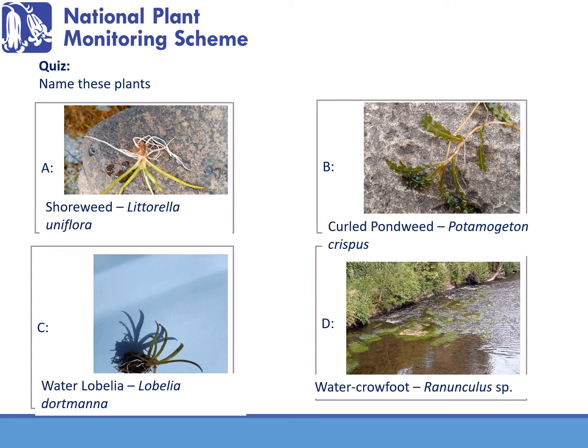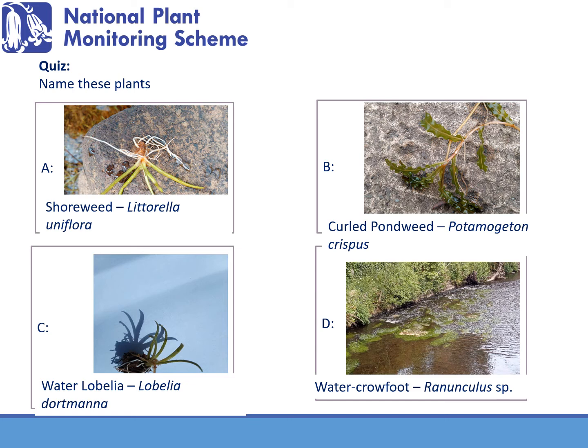And the answers are A is shoreweed, Littorella uniflora. We've got these long, almost parallel-sided, spongy green leaves with slightly pointed tips and runners. B is curled pondweed, Potamogeton crispus, with these very characteristic wavy edges to the oblong-shaped leaves with teeth.